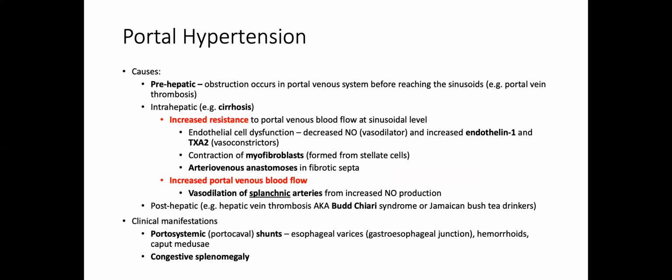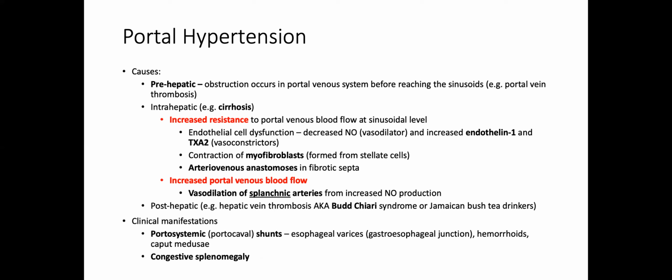Portal hypertension. So we've got causes. Prehepatic is going to be obstruction occurring due to the portal venous system reaching the sinusoid. An example would be portal vein thrombosis. Or we've also got intrahepatic and posthepatic.